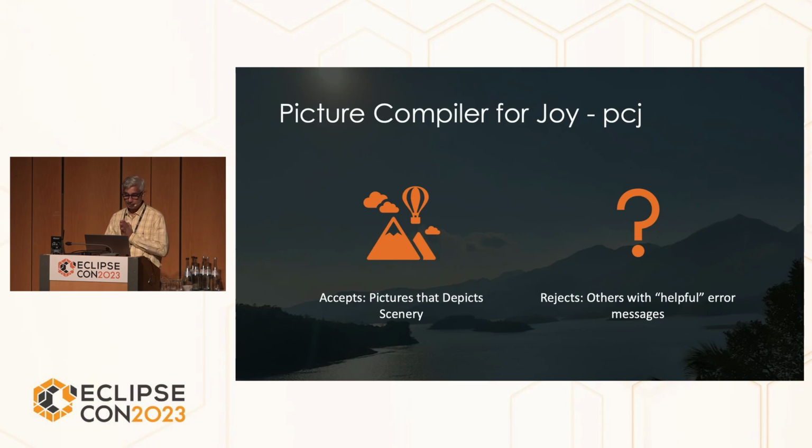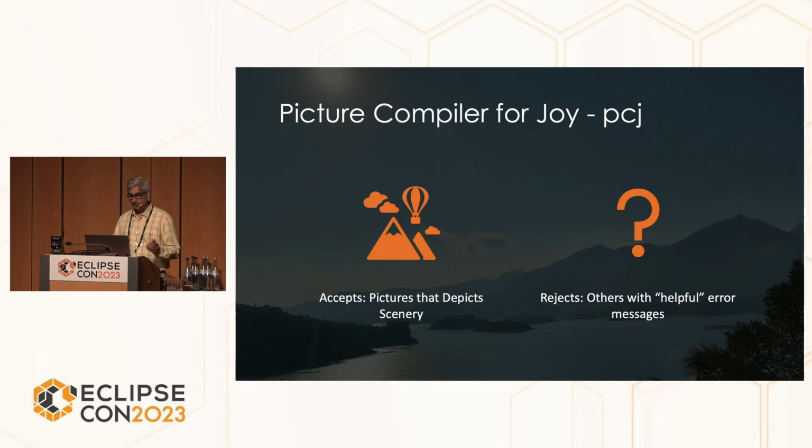What is our task at hand? We have a picture compiler, sorry for the lack of creativity. It's called PCJ. Our compiler is of course called ECJ, the Eclipse compiler for Java. It does only two things: it accepts the picture, or it rejects it with helpful error messages.